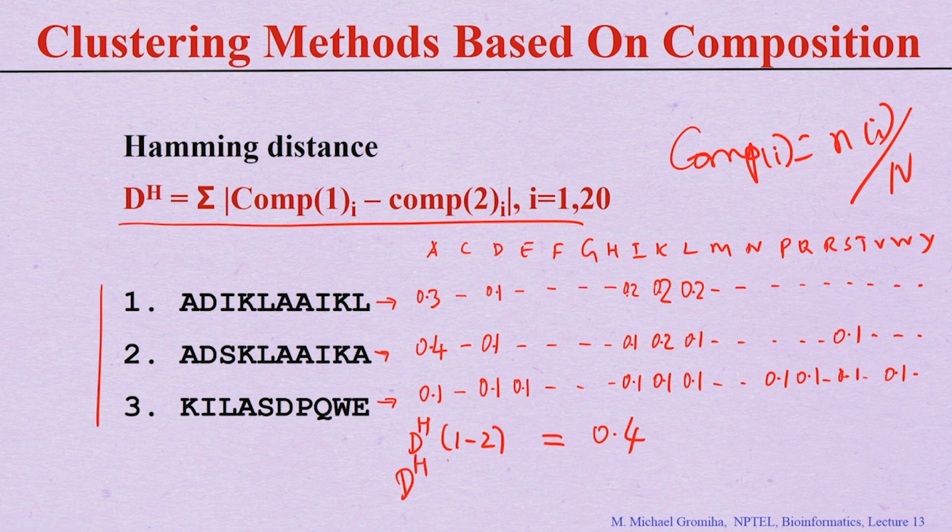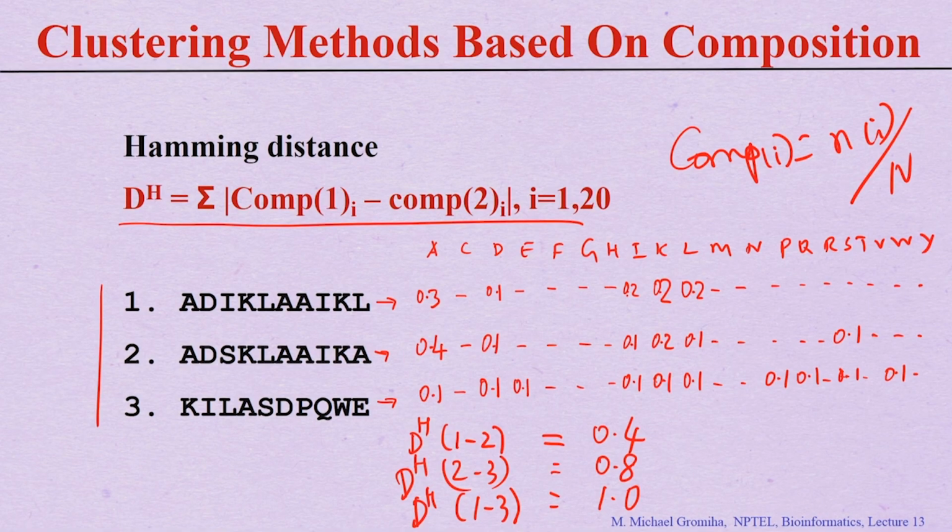Between 1 and 3, it is 1.0. So we have three different sequences. We can calculate the Hamming distance between any pairs.